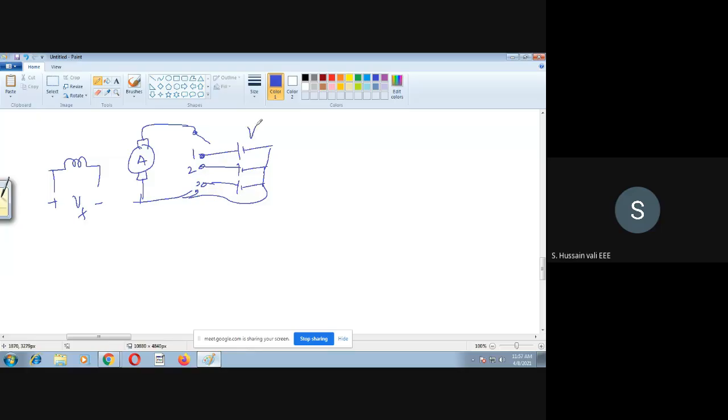In that case, this switch may be connected to one, or to two, or to three. By varying the position of this switch, the voltage going to the armature will change. So in that case also, you can control the speed of the motor. But the advantage here is that you don't have any rheostats. So the power loss problem you face in the armature voltage control method will not be here.